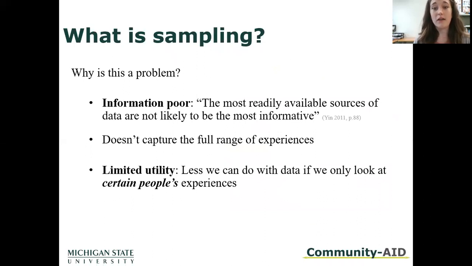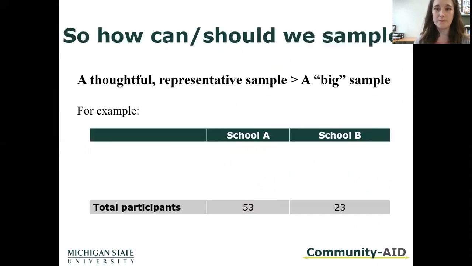It's not going to capture how everyone at your school feels about the standards and how you're implementing them. And there's going to be less that you can do with those results because they don't capture everyone's experience. And so we want to be mindful of creating a thoughtful and representative sample of people at our school rather than just a big sample.